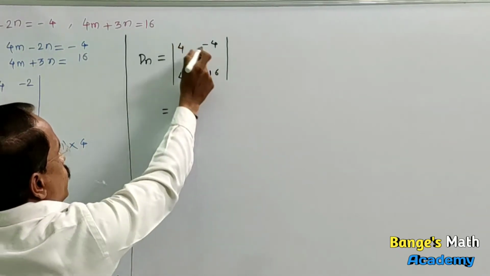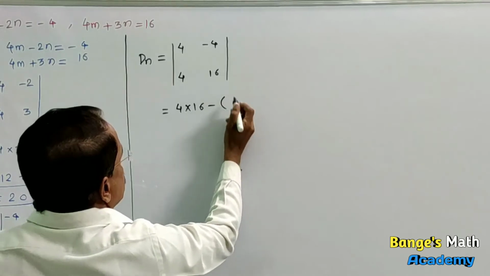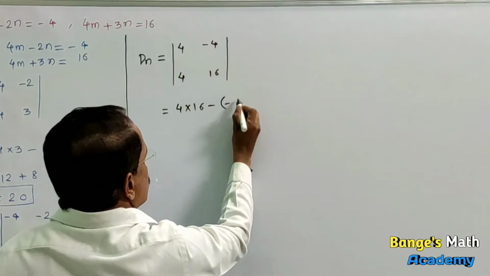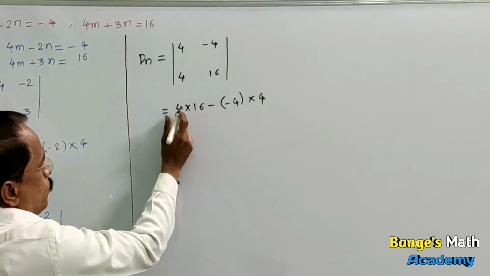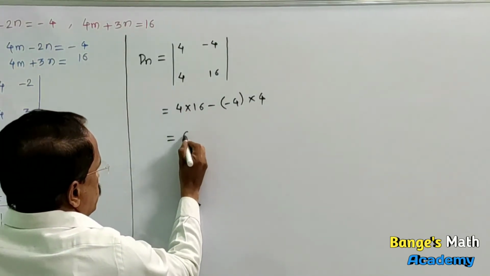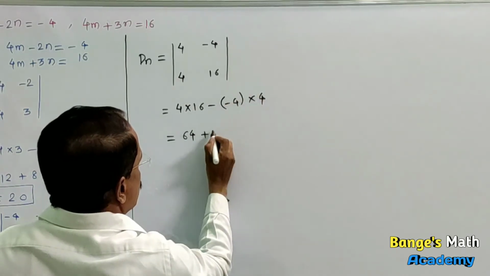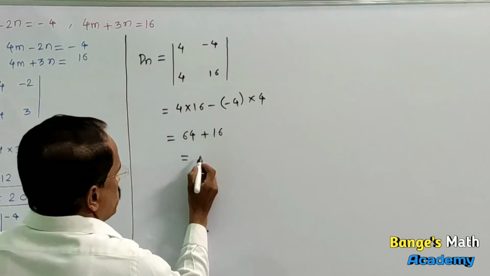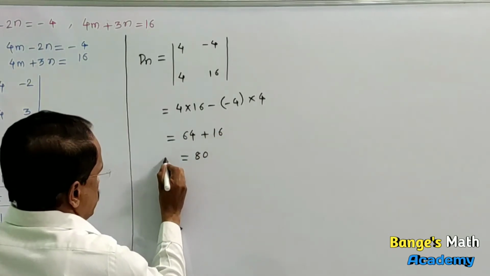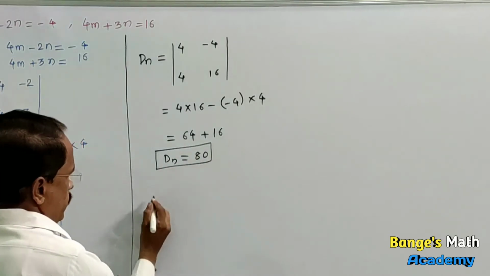Simplify this. 4 into 16, minus -4 into 4. 4 into 16 is 64, minus into minus plus 4 into 4 is 16. Addition of this, 64 plus 16 is 80. We find the value of dn is 80.